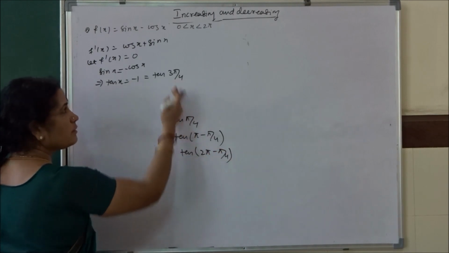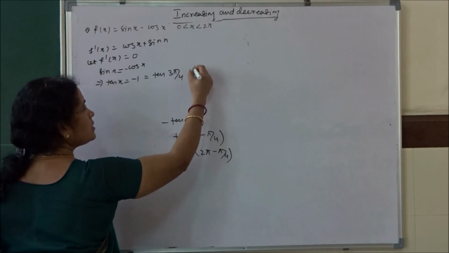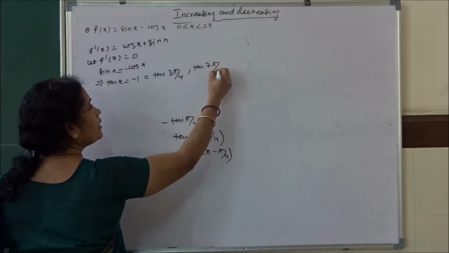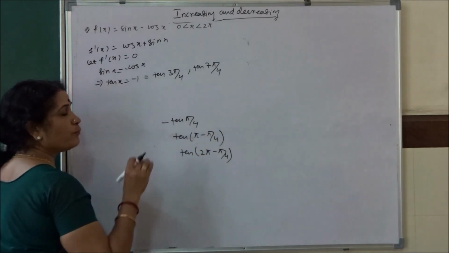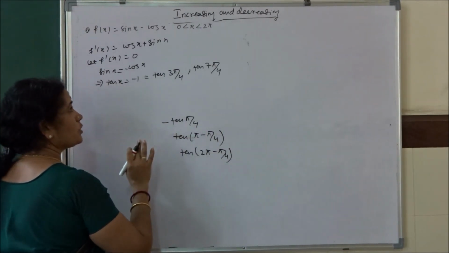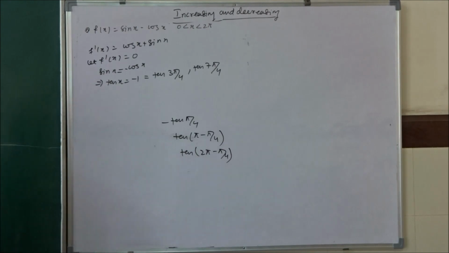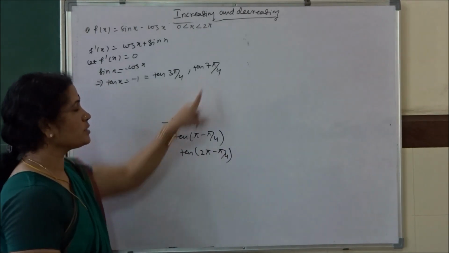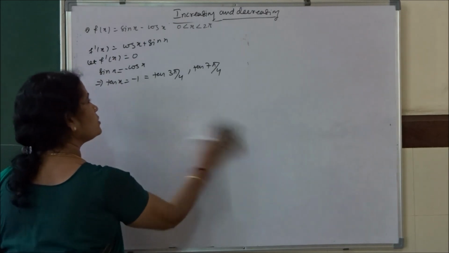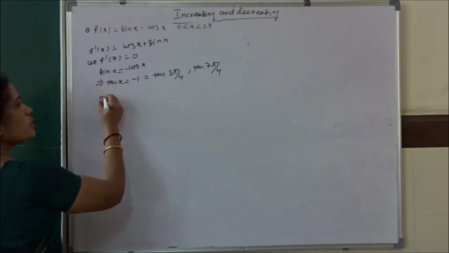So that is 3 pi by 4, and then this is 7 pi by 4. Okay, 5 pi by 4 and pi by 4 are the first and third quadrant, where tan is positive. So tan x is minus 1, when we are getting, are you clear about this? How we are getting 3 pi by 4 and 7 pi by 4? Okay, now see. So this implies what is the value of x?